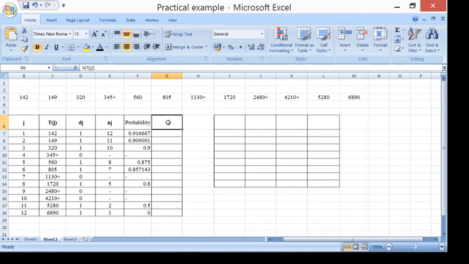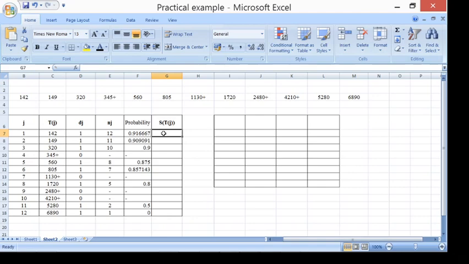So we'll have survival probabilities for time point 1. If you were alive at time point 142 minus, then there is a probability 0.9166 with which you will go beyond time point 142.